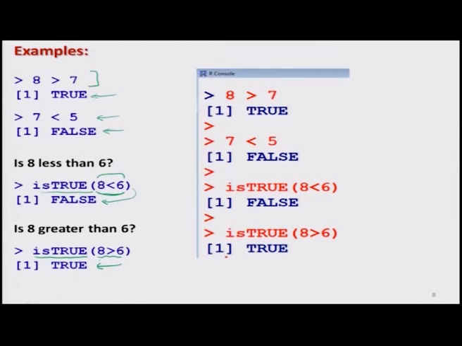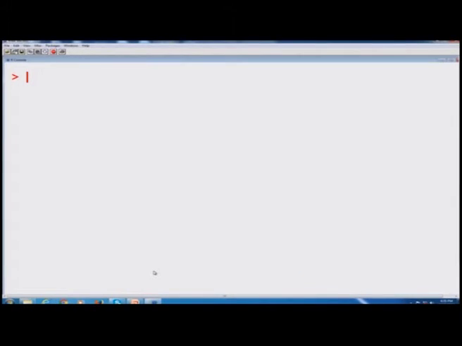So, let us try to do this example over the R console and see how these things can be done. Now if I say 8 greater than 6, the answer is TRUE. If I say 8 is smaller than 5, the answer is FALSE.